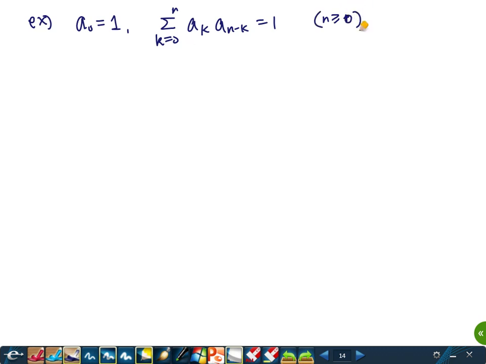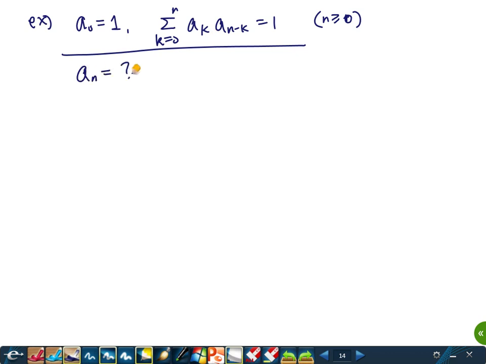For every n, it's defined with this. So a_n is well defined. By using the initial condition and the recurrence relation, you can compute a_1, a_2, etc. always. So it is a uniquely defined sequence. We want to compute the nth term.